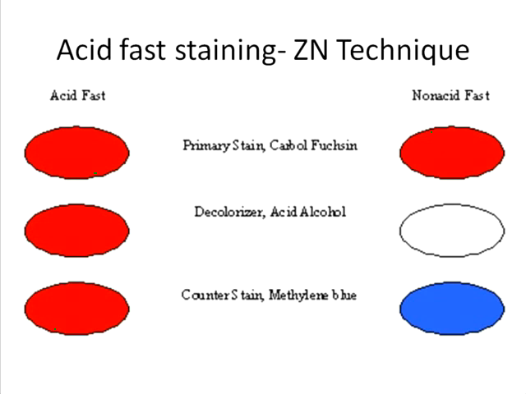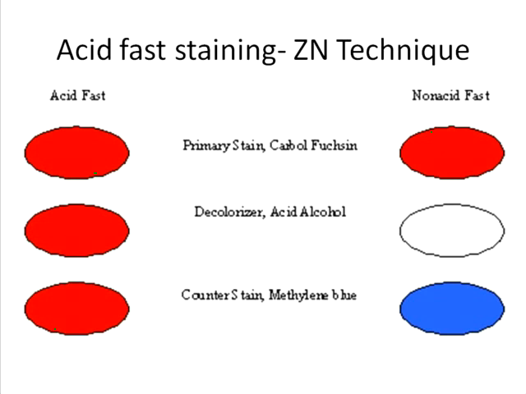Here again we use the same principle: a primary dye, a decolorizing agent and a secondary dye or a counter stain. The primary dye here is a strong solution of carbol fuchsin. You can heat it, so all the organisms will take up the primary dye and appear red or pink in color.